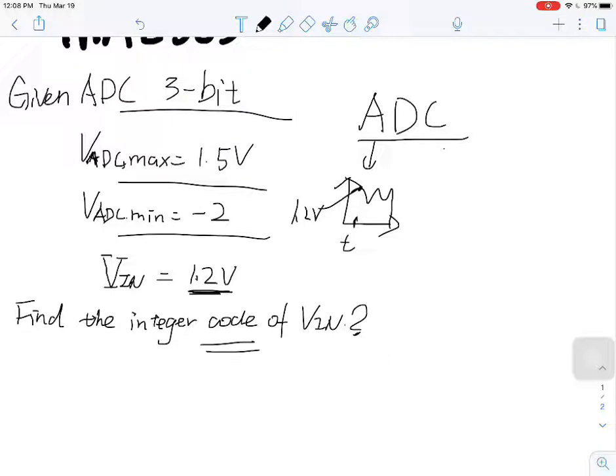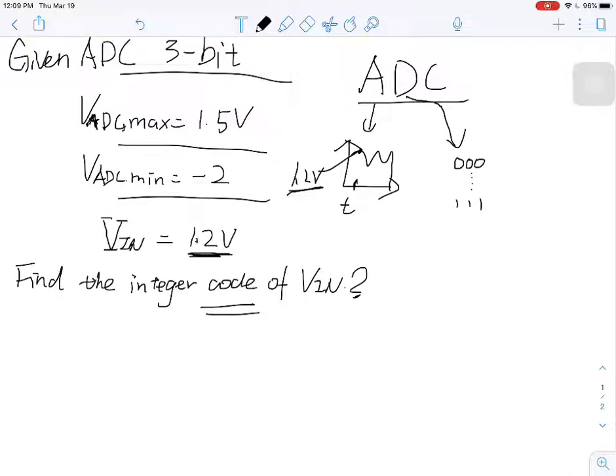I want you to convert that into a digital number. Remember, this ADC only has 3-bit, so it can only give you something between 0, 0, 0 all the way to 1, 1, 1. So the task here is to convert this 1.2 volt into a 3-bit binary code.